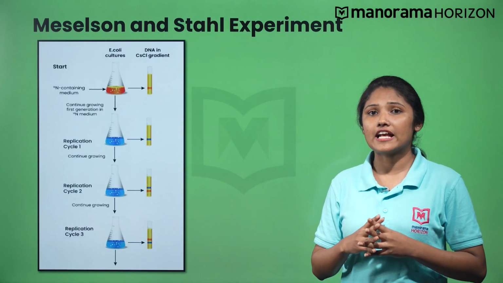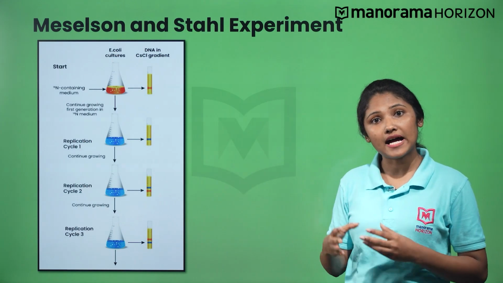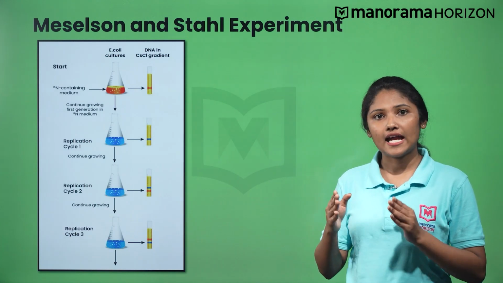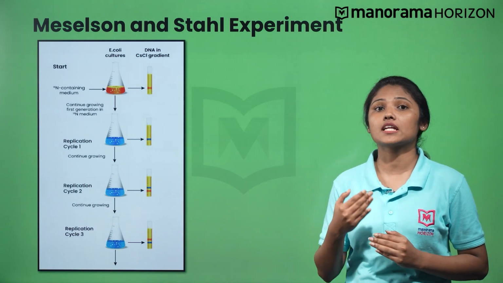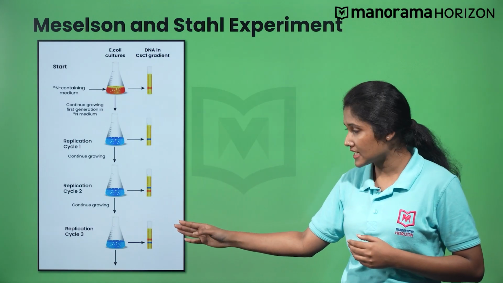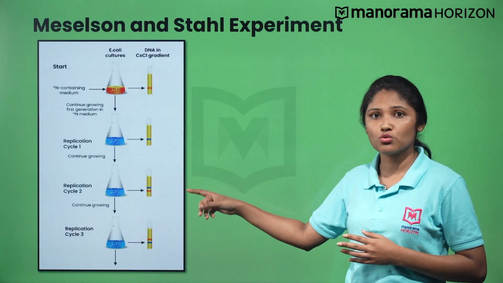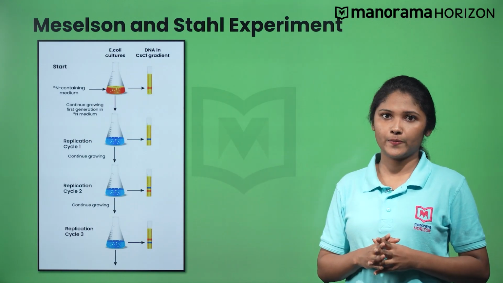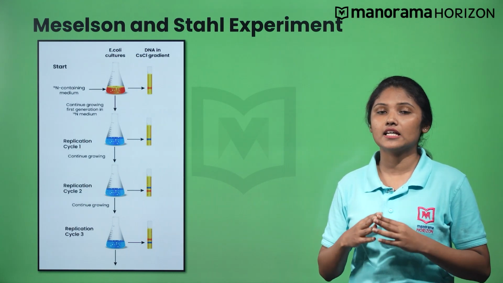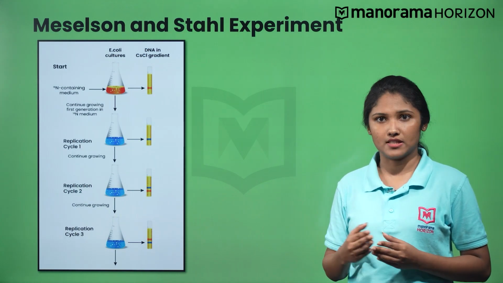At the start of the experiment termed generation 0, they switched the bacterium to a medium that contained only N14, and the DNA double helices were collected after 20 minutes, 40 minutes and 60 minutes, represented as replication cycles 1, 2 and 3 respectively. This is because the doubling time for E. coli under the growth conditions provided by them was 20 minutes.